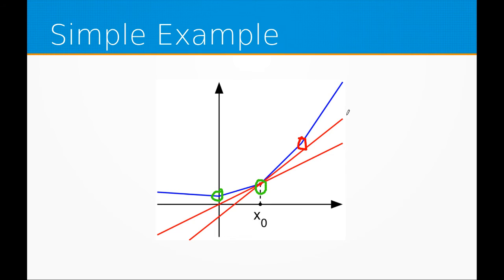So what you do instead is you have a line like this line, for example, which at x0 is equal to the function. So let's say this is g. So g of x0 equals f of x0.